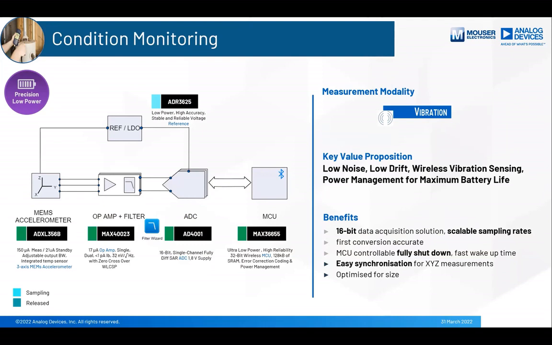Here you will see we have brought into the conversation our low power MEMS accelerometer, the ADXL356. This offers excellent performance in this space and enables quick and easy extraction of information and insights. Low power density, DC performance, and power are key offerings from this accelerometer.